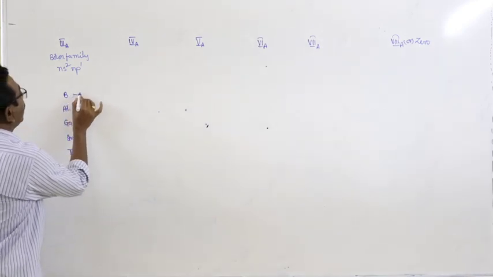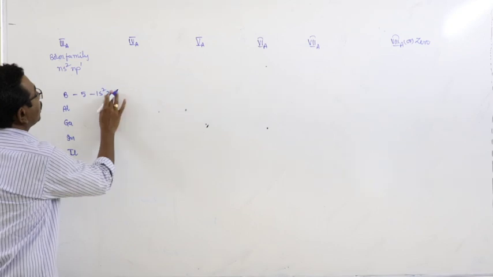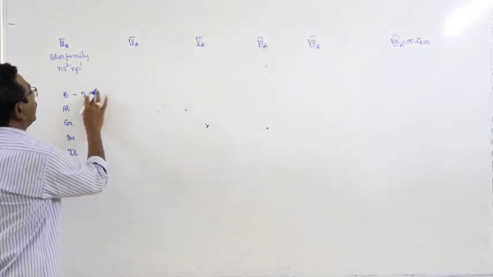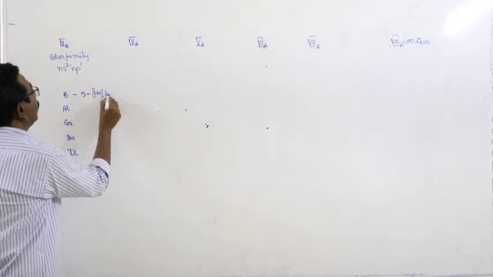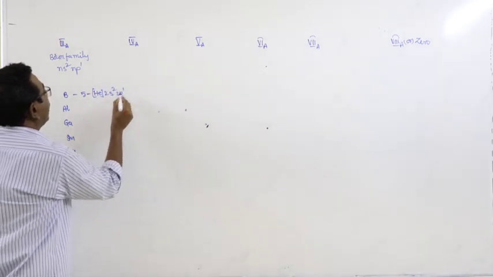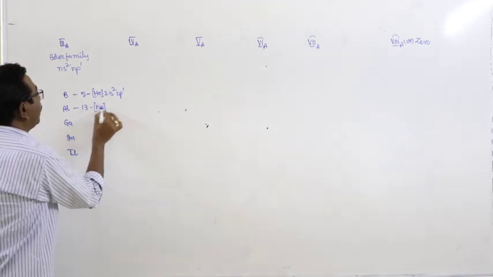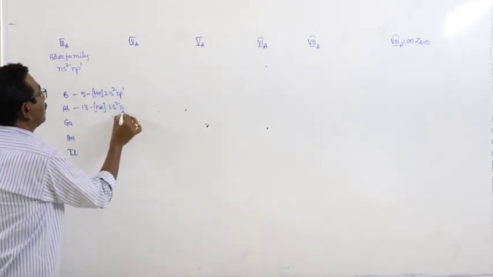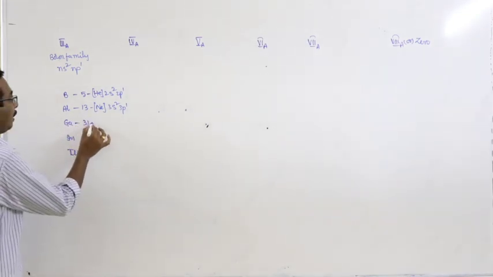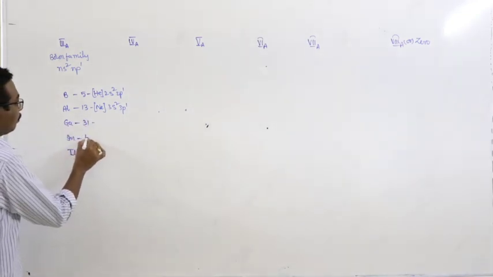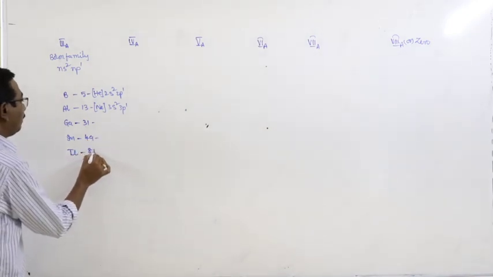Boron atomic number 5, ns2 is simply helium 2s2 2p1, aluminum 13, neon 3s2 3p1, gallium 31, indium 49, thallium 81.